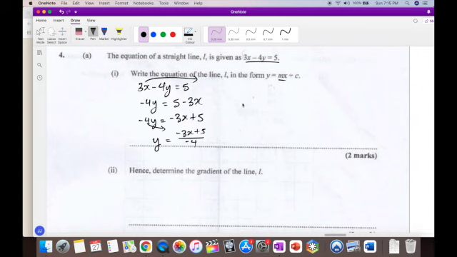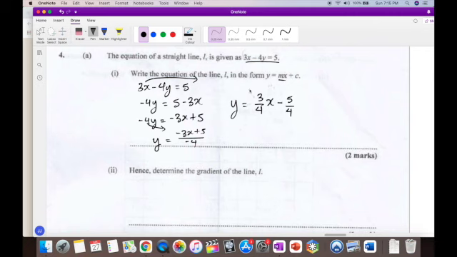So that means that these two are going to cancel. So the final answer is going to be y equals negative 3 over negative 4. Those negatives are going to cancel, so I'll just end up with 3 on 4x, right? Plus, well, this negative 4 here is going to make that 5 a negative. So it wouldn't be plus, it'll be minus 5 on 4.